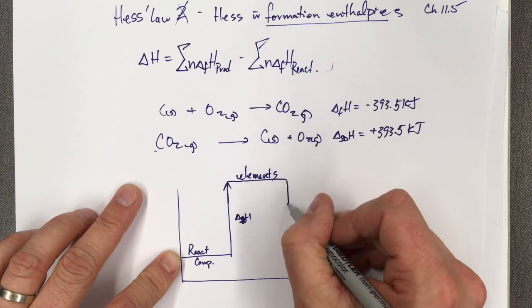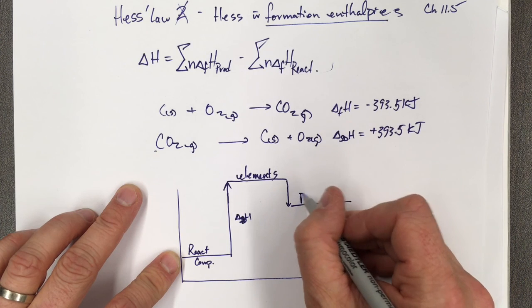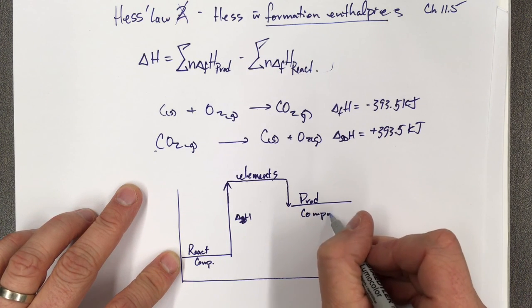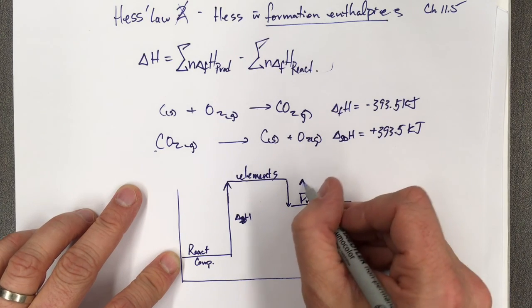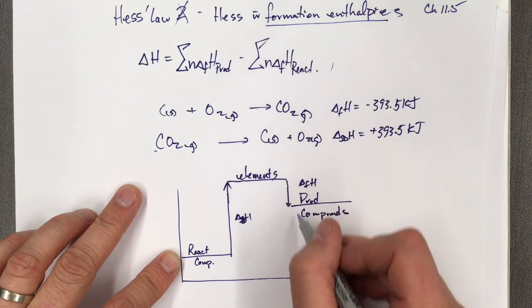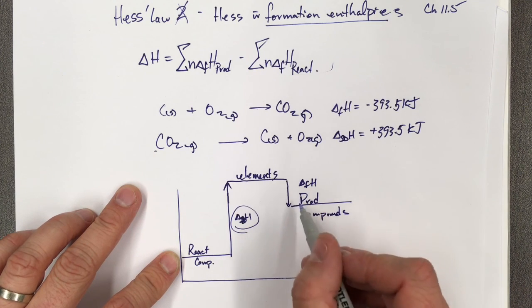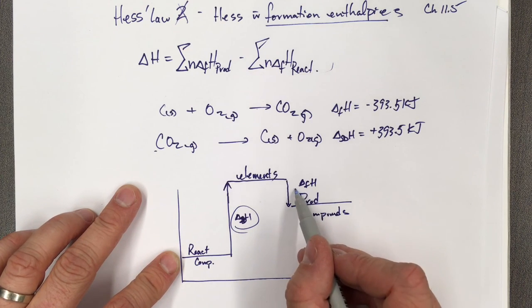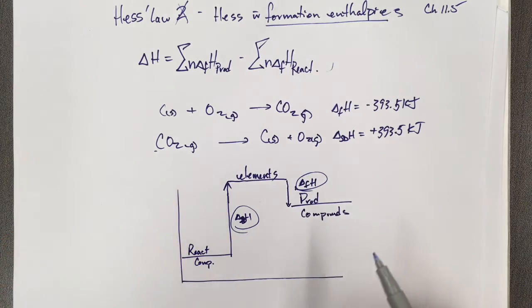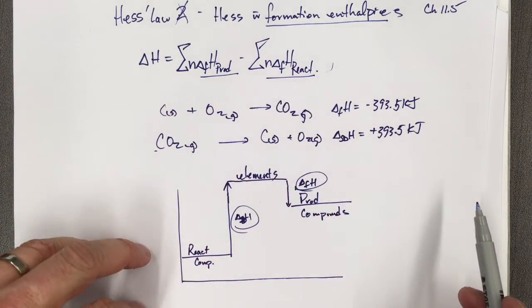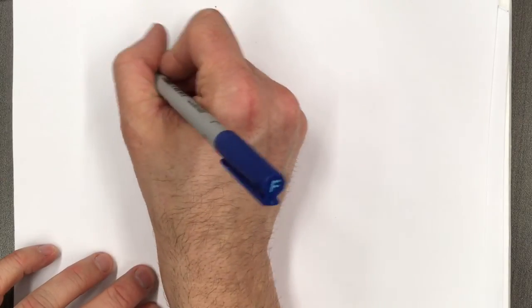But then if I took those elements and made them into product compounds, this would be the change in formation enthalpy because we're taking the elements to make the products. So the relationship between the energy used to break bonds and make new bonds works if I can use just the formation enthalpies. So we'll apply that to the combustion of pentane.